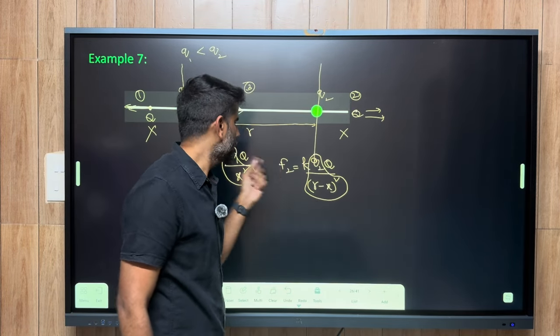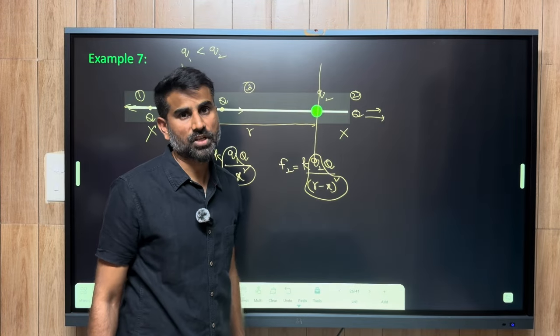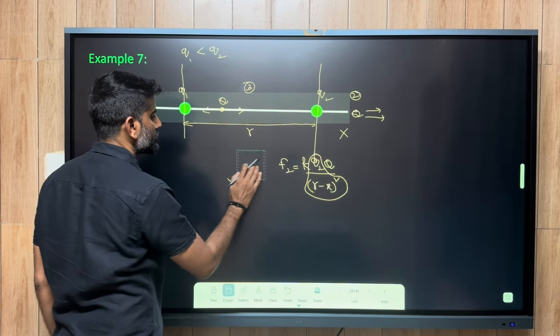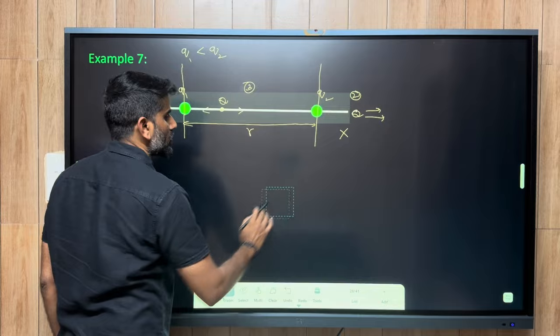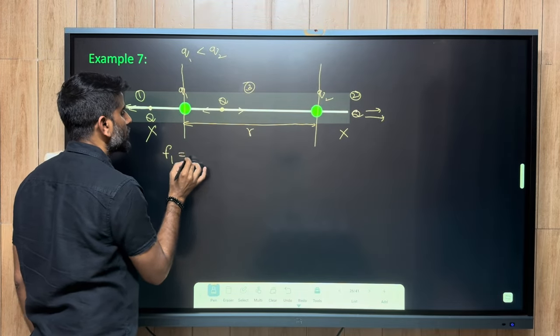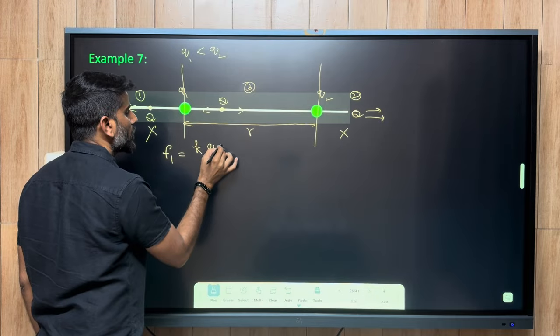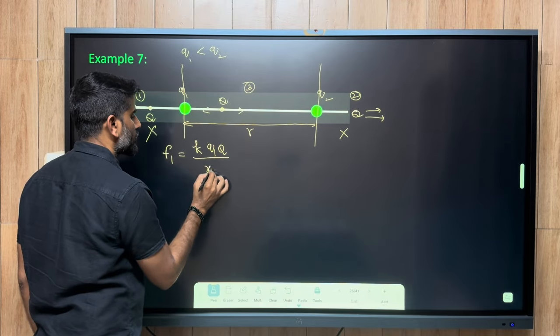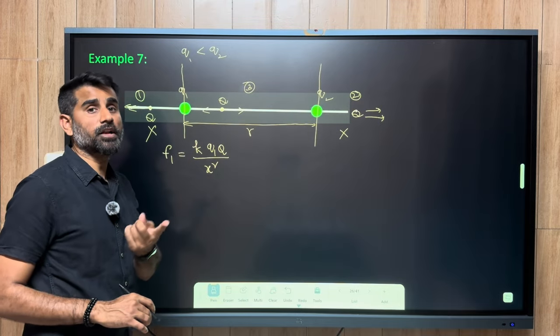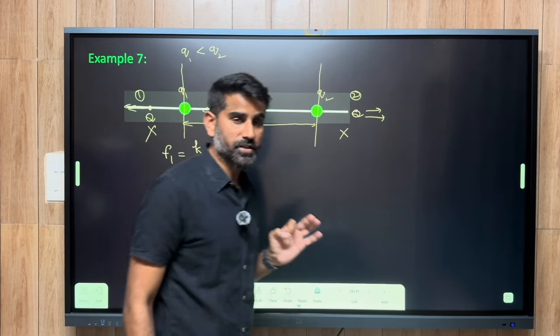If this is more, this also should be more. Then only the ratios could be equal. So by using the same concept, I am going to write the equations. F1 is equal to K Q1 Q by X square. So I have to place the third charge near to the smaller charge.